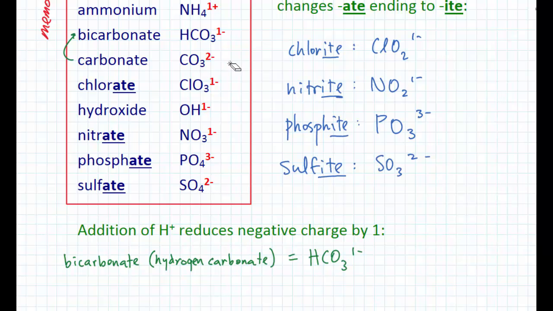If we just take carbonate, we add an H to it, that charge gets reduced, because it's actually an H plus that gets added, a hydrogen cation that gets added. And when we talk about acids and bases, that's a very important reaction that happens, adding a hydrogen cation to something like that. So bicarbonate, HCO3 1 minus.